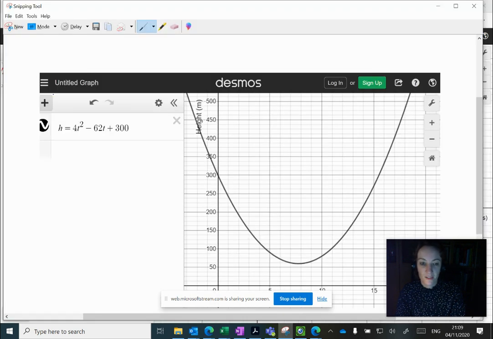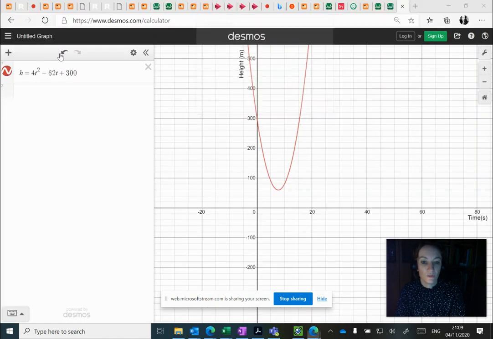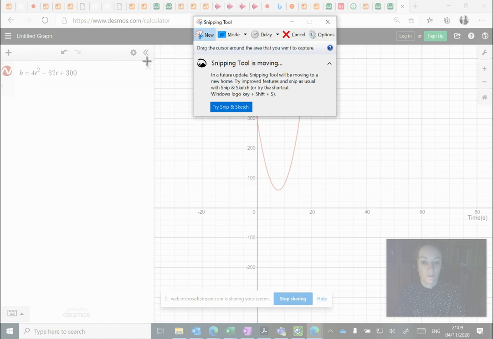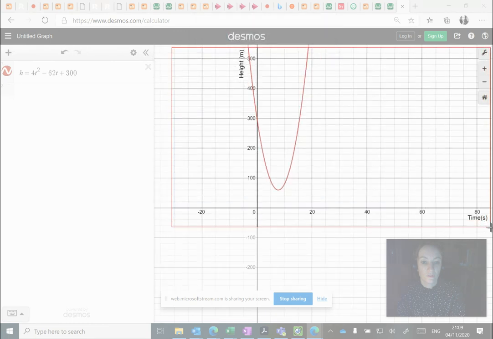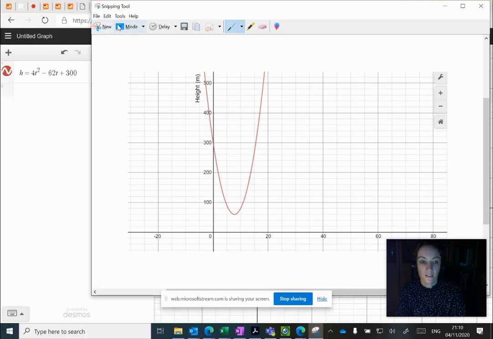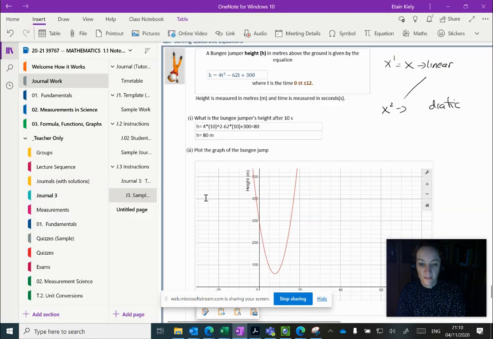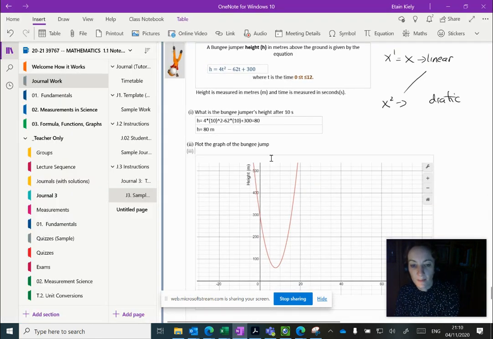So we're going to go for a snipping tool. I'm going to go to new, and grab a picture here of this with the label. I'm going to paste that in, and we can put a label on our graph.